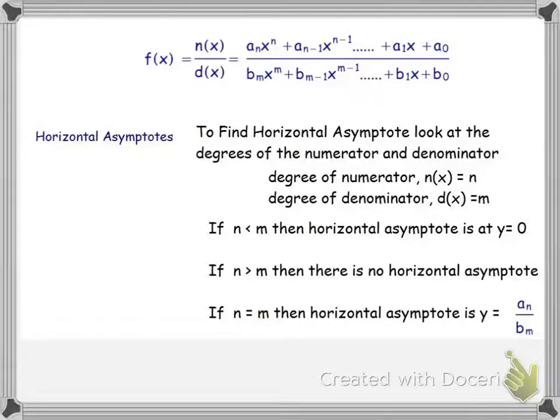What we're going to be looking at to find the horizontal asymptotes is the leading coefficients. Okay, so n is the degree of the numerator, and m is the degree of the denominator.